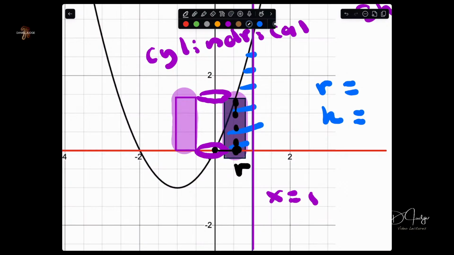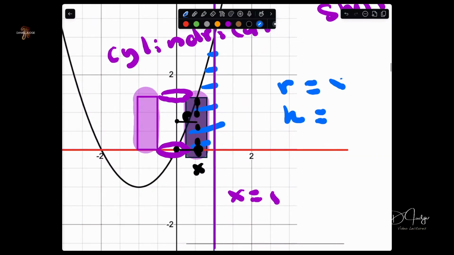So if you can imagine that distance, we call it r. Now that r value is a corresponding value of x in the interval of the region. So r here is going to be that x value. That's the radius of your cylindrical shell. It is the horizontal distance.